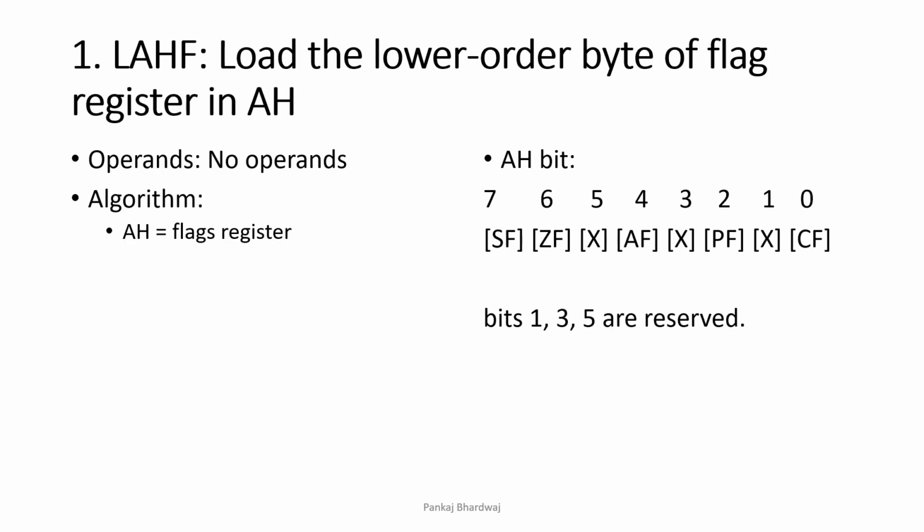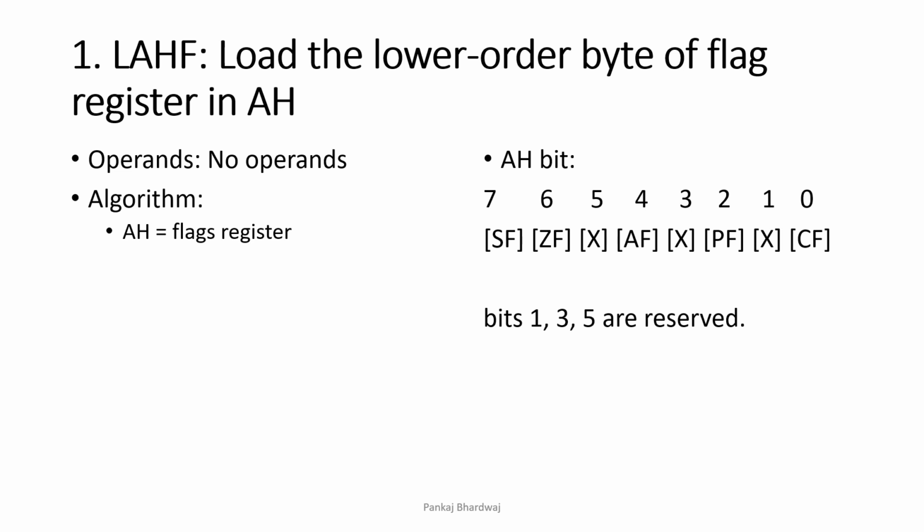So here is the first one, LAHF. LAHF loads the low order byte of the flag register into AH. This simply means that we are loading the low byte of the flag into the AH register. The AH register is 8-bit and the flag is 16-bit in total.